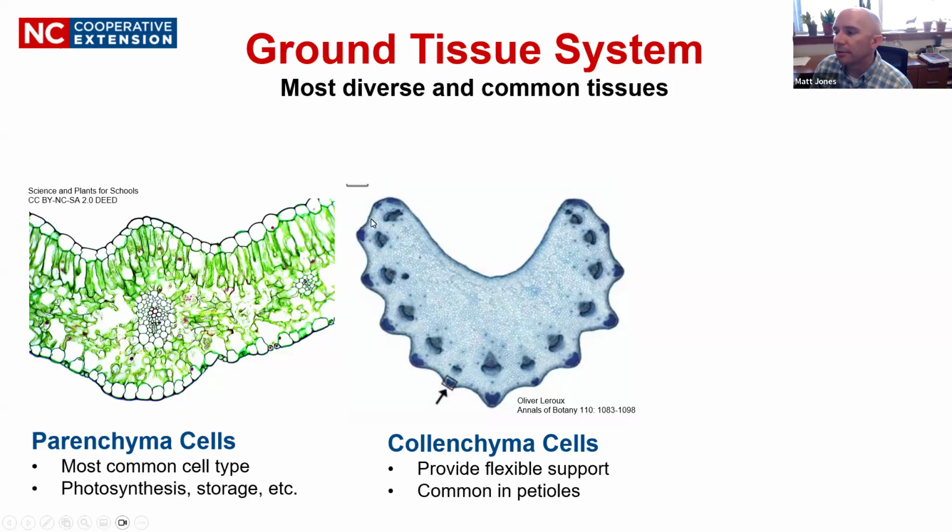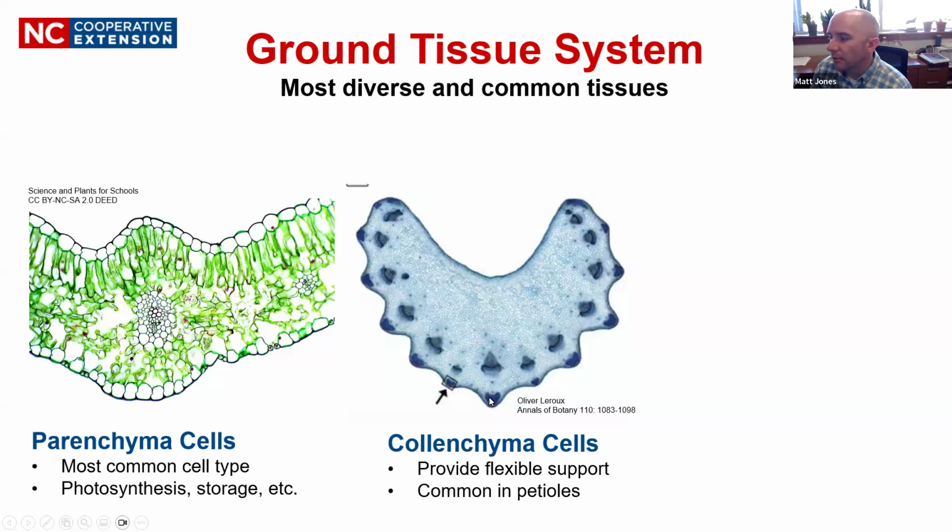If you want to see a good example, it would be in celery. If you were to slice open a very small piece of celery, the cells in the peaks of the ridges on the outside of a stalk of celery, which is actually the petiole or base of a leaf.